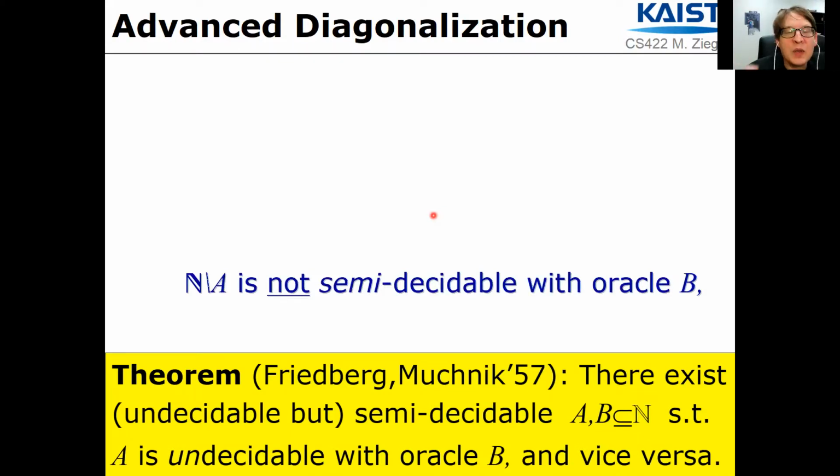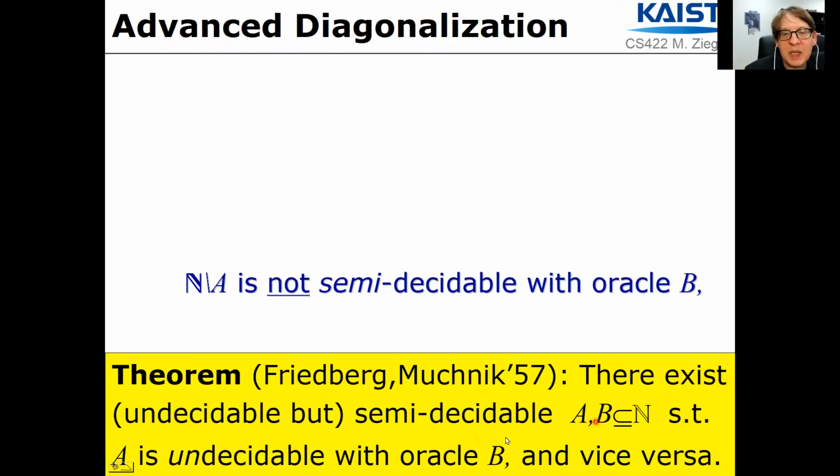And from that it follows, or this is basically equivalent to saying, that the complement of A is not semi-decidable with oracle B. Right? Remember, we proved that a set is decidable if and only if the set is semi-decidable and its complement is also semi-decidable.